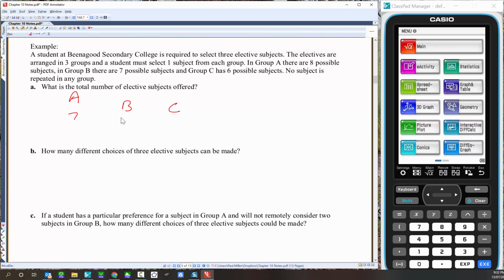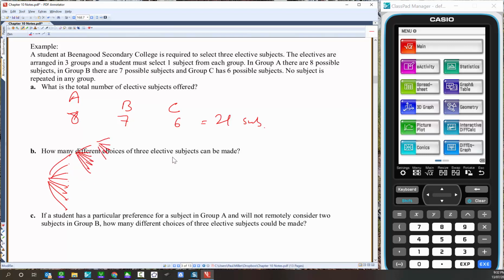We've got 8 in Group A, 7 in Group B, and 6 in Group C. There's a total of 21 subjects. How many different choices of the 3 elective subjects can be made? Now remember, what's going to happen is they select A, which is 1, 2, 3, 4, 5, 6, 7, 8, followed by 7, followed by 6.